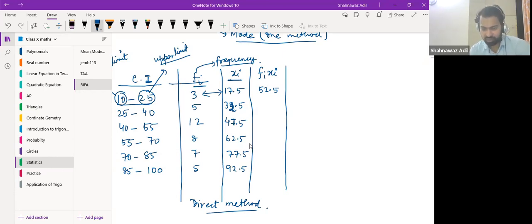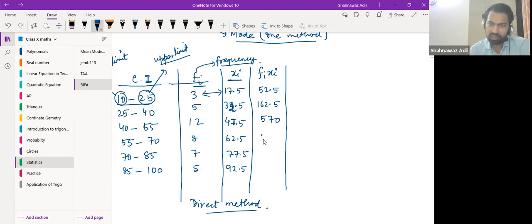So the other one is 5 into 32.5. So this is 162.5. And then we have 47.5 into 12. So this is 570. And then we have 62.5 into 8.